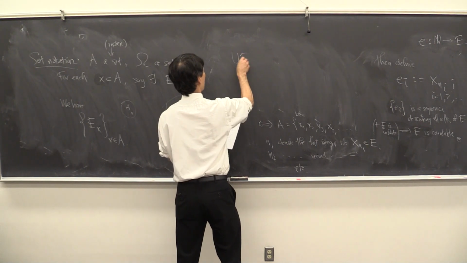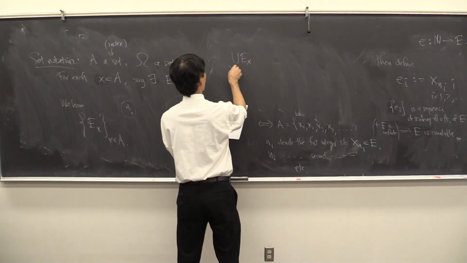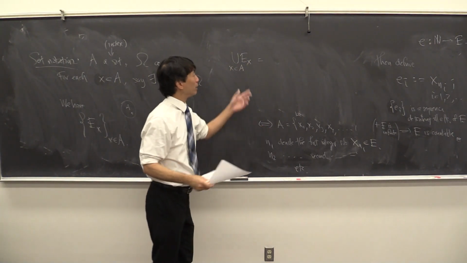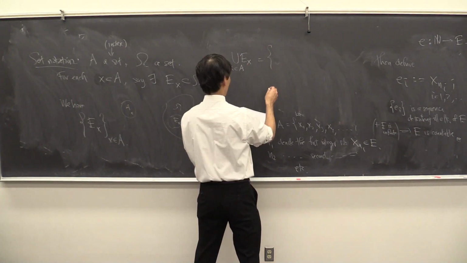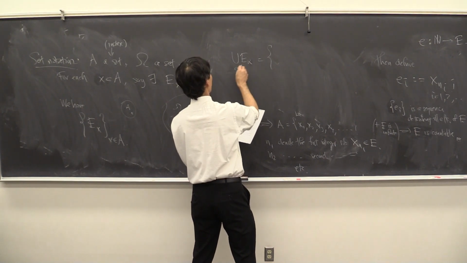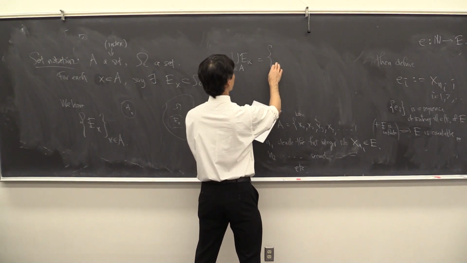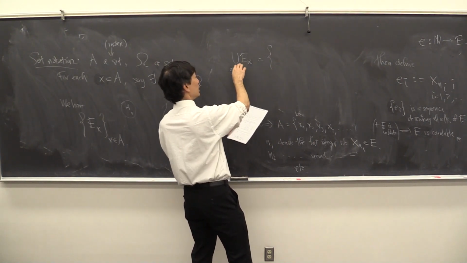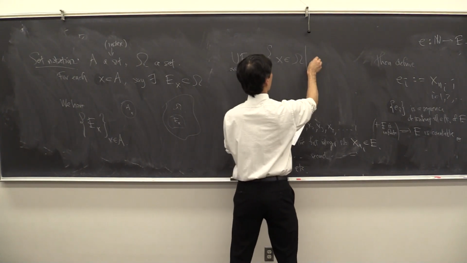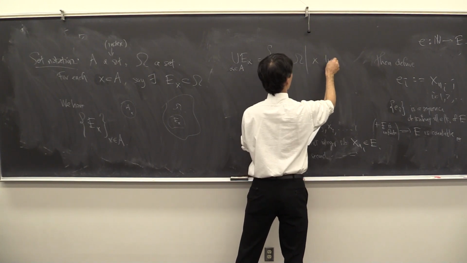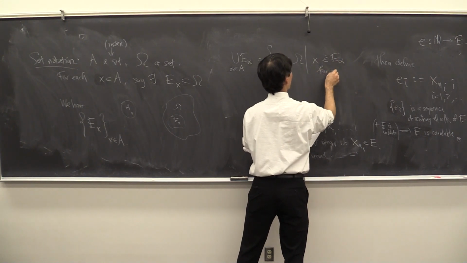Let me make a couple of obvious definitions. One, the union of the E sub alpha, alpha in A. That is all the points x in Omega where x is in E sub alpha for some alpha.